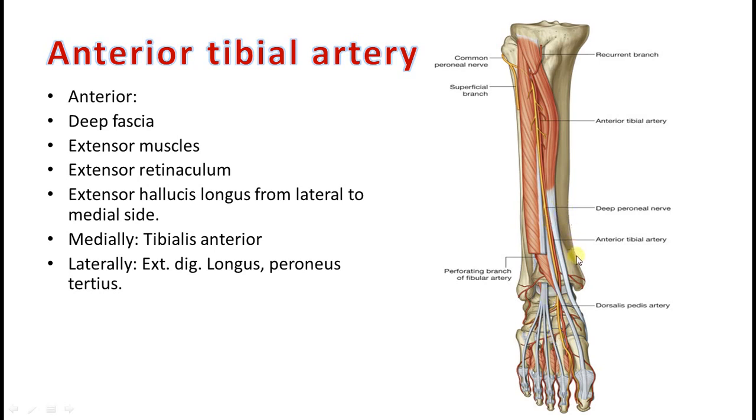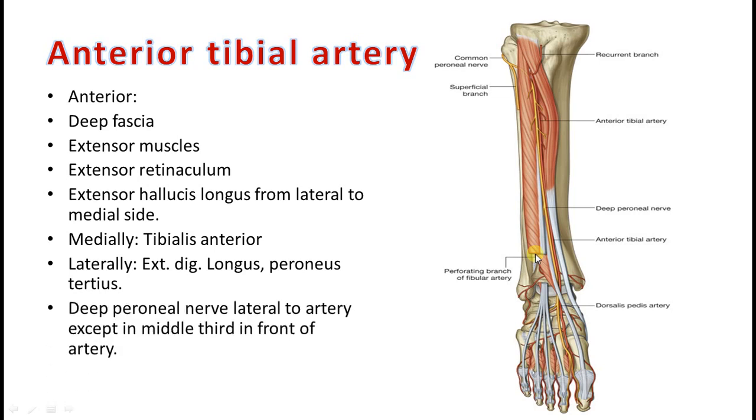Medially you have the tibialis anterior, laterally the extensor digitorum longus and the peroneus tertius muscle. So these are the relations of the anterior tibial artery.